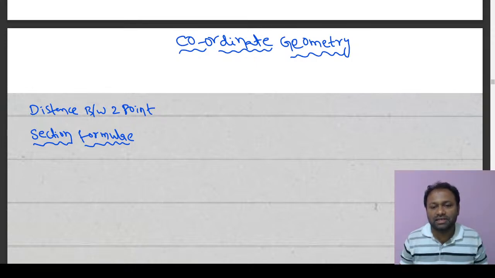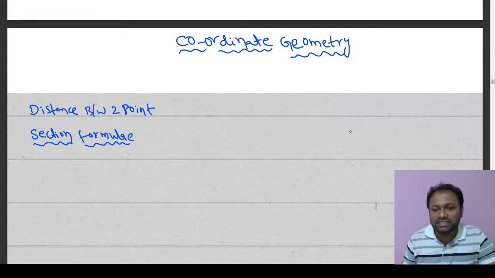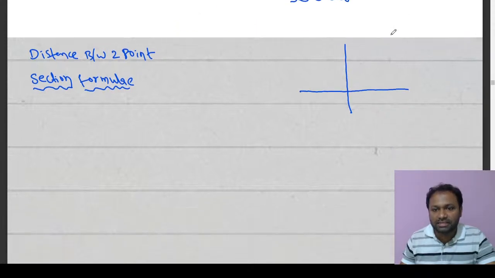in this we will take two types of axes, that is one is x-axis, another one is y-axis. Okay, let us see how it will be. I will take two perpendicular lines, which intersect at one point.